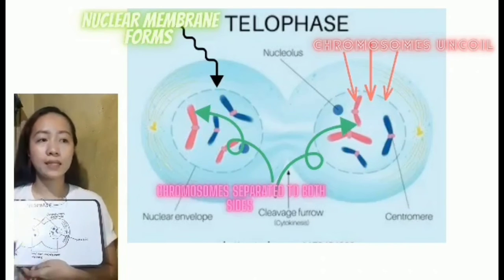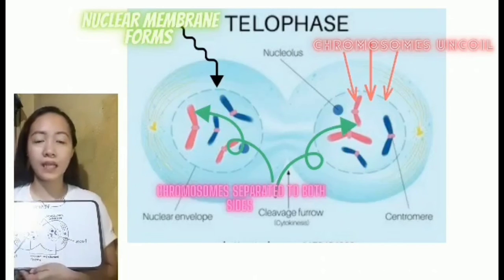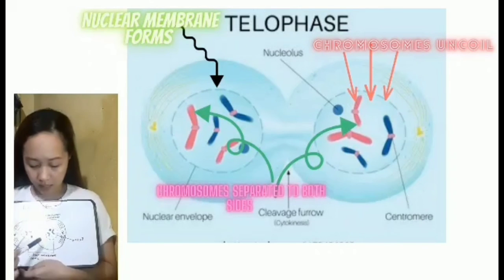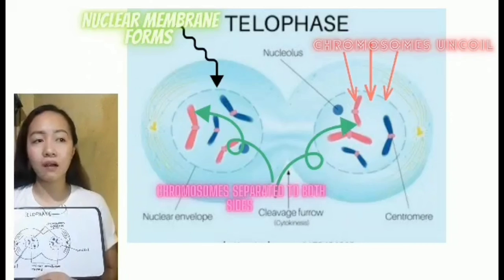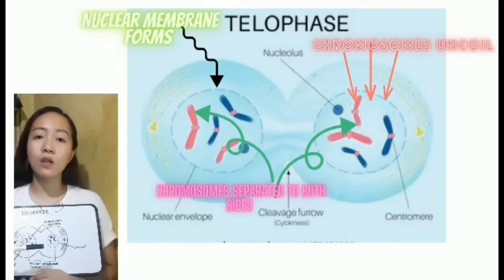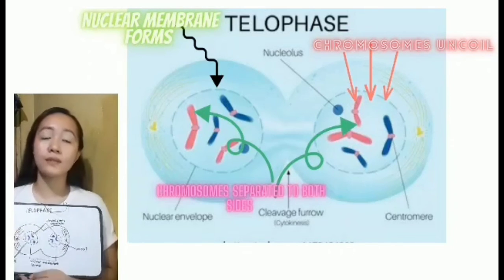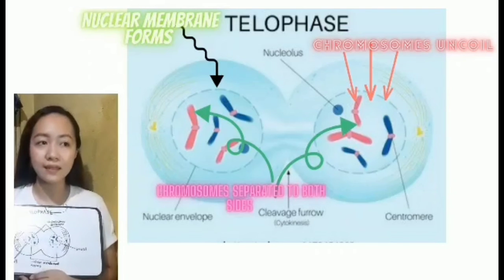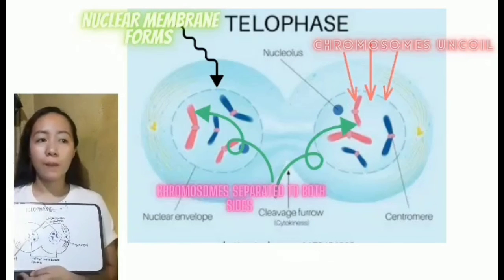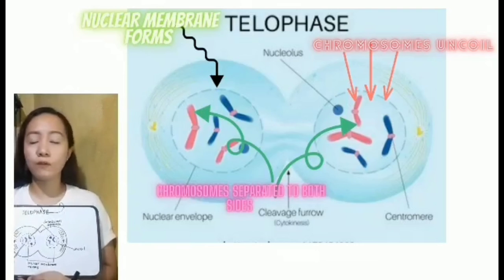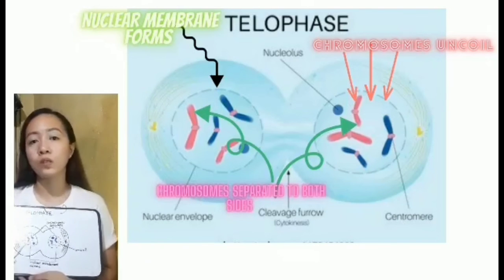This will make them diffuse and less compact. Along with telophase, the cell also undergoes a process called cytokinesis that divides the cytoplasm of the parental cell into 2 daughter cells.